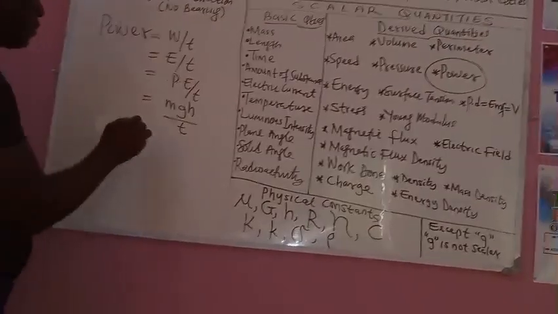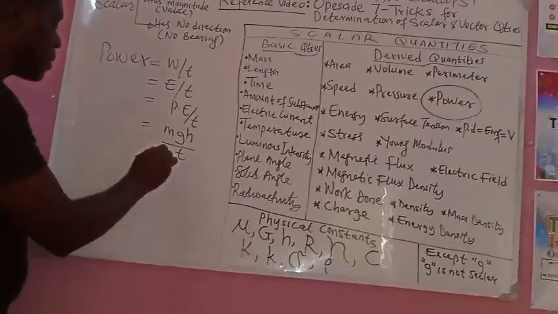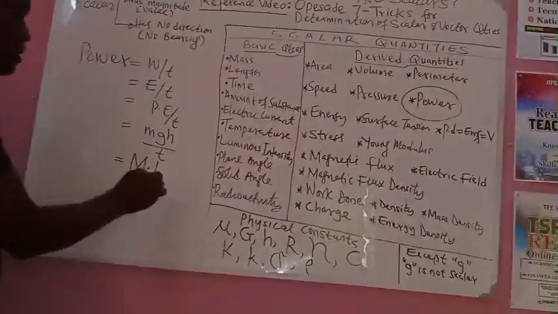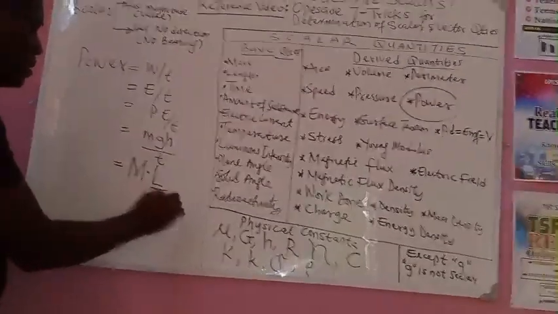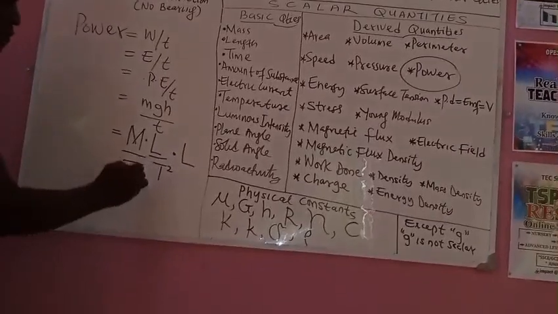Let's break it down into basic dimensions. Mass is capital letter M. Acceleration due to gravity is L over t squared. Height is length. You remember that? Then we have time at the denominator, capital letter T.